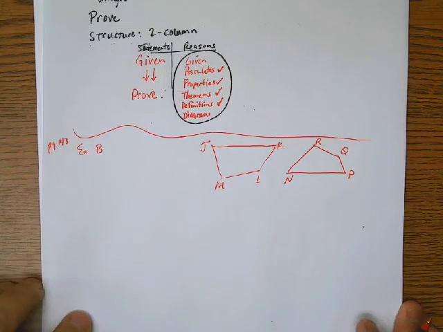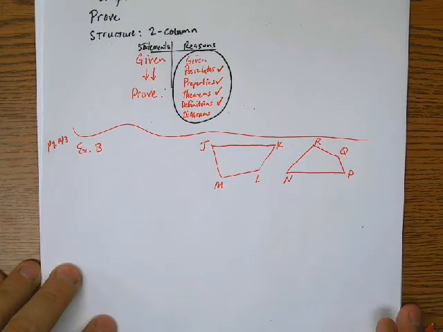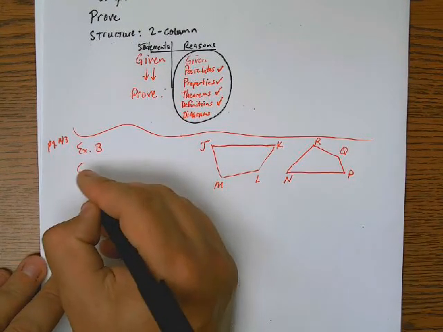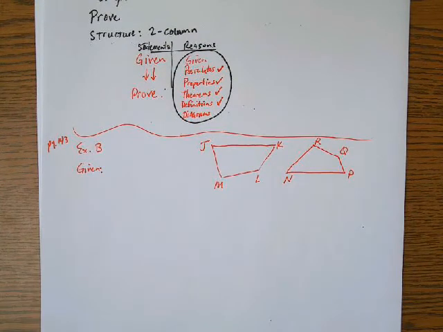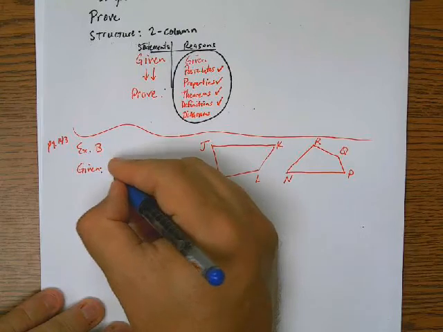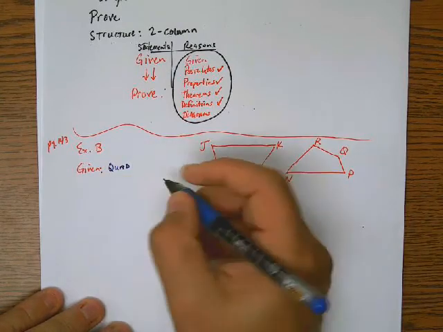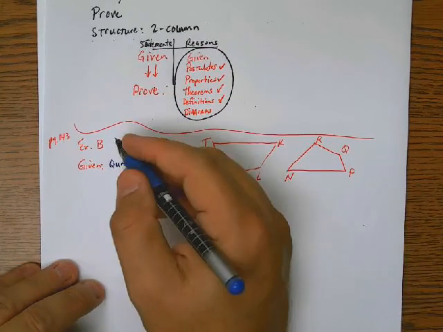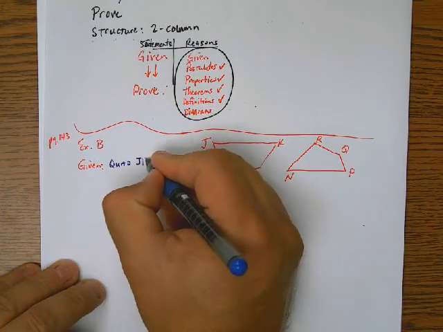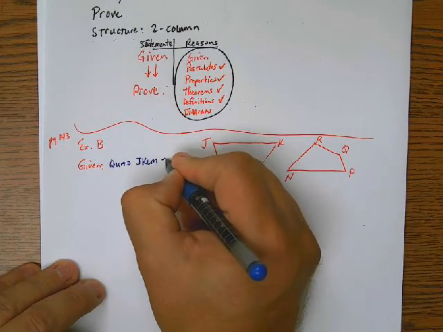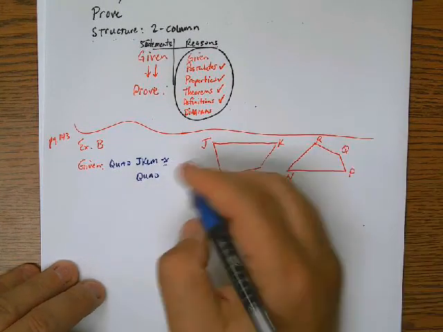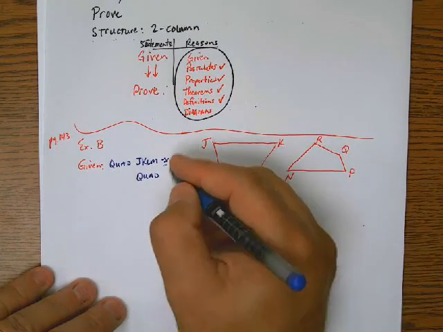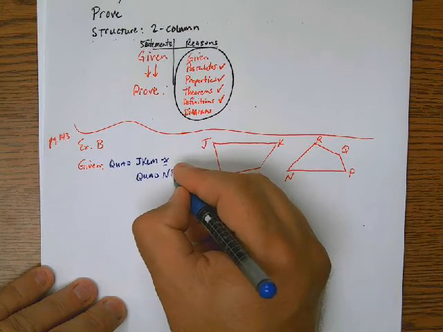All right, so far this is just the given information. The given says that quadrilateral JKLM is congruent to quadrilateral NPQR. Why is that important?